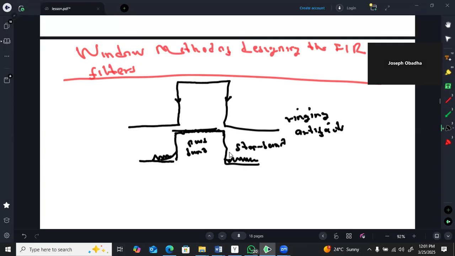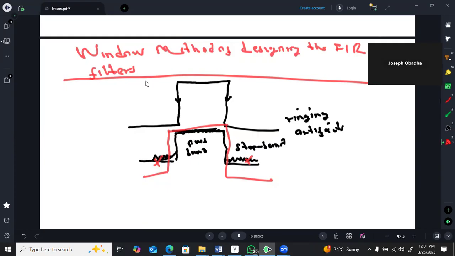So to remove these ringing artifacts, we can create a window so that the moment we have our signal, we pass it through a sort of window that is going to truncate the portions we don't want, so that they don't pass through the window. That is where the window concept comes from: we can pass our signal through a restriction, like a physical window, so that it takes the shape of the window in some manner.